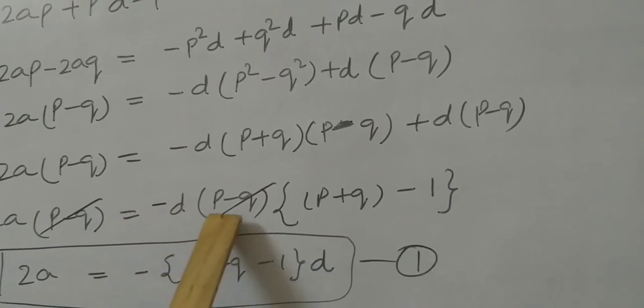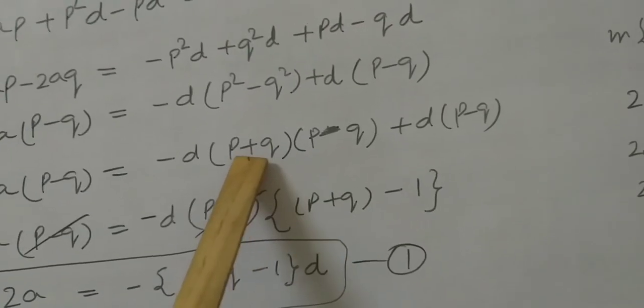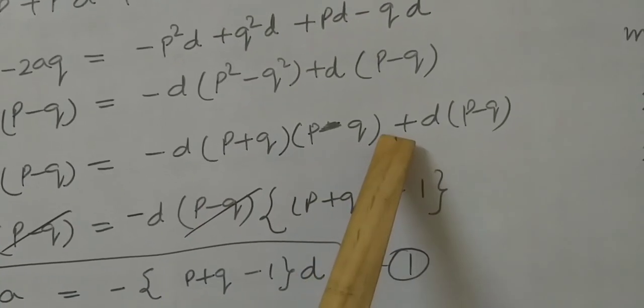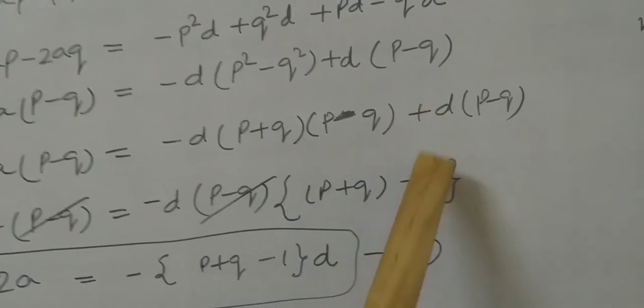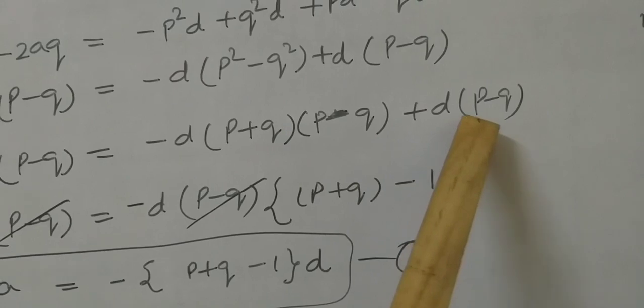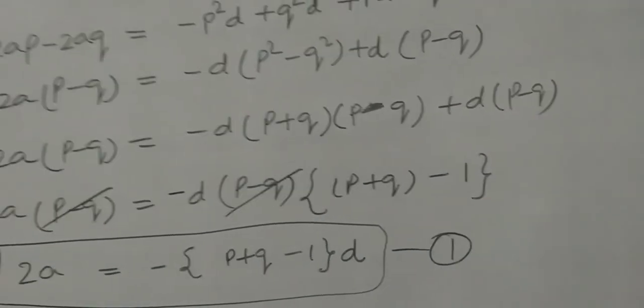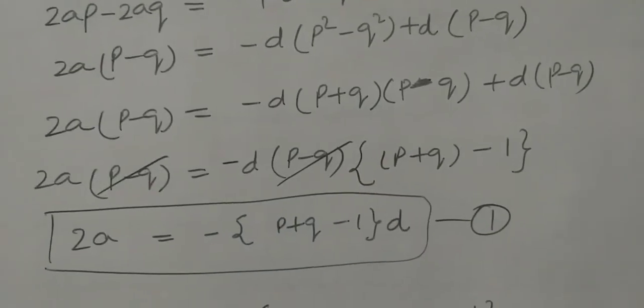So minus D(P minus Q) is common. What is left here? P plus Q is left, and its sign will be changed because we have taken minus common. So minus, the whole has come common. Now what is left here? Nothing. It means we have to write 1 here. So P minus Q on both sides will be cancelled.